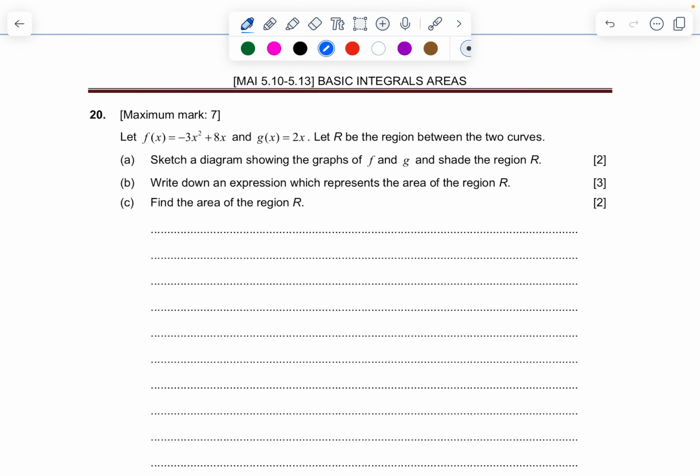Question number 20. Sketch the graph of the following. So this negative 3x squared will be a graph which is upside down, and y equals 2x is going to be the graph passing through origin. So this is an approximate graph.